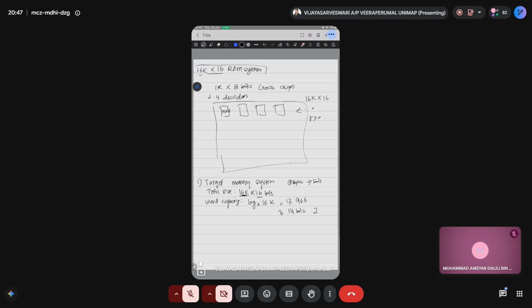Or we can say 2 to the power of 14 bytes. So this is your word capacity.